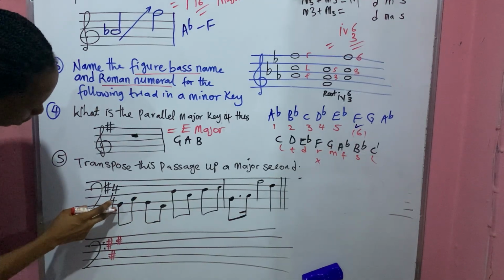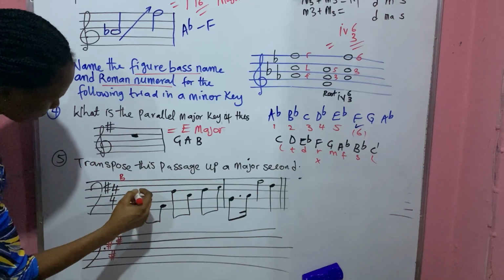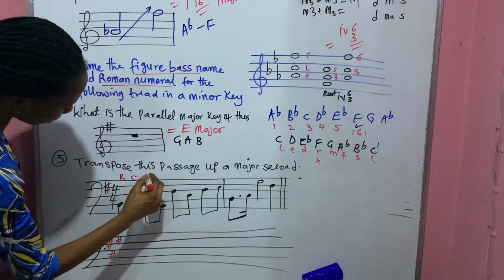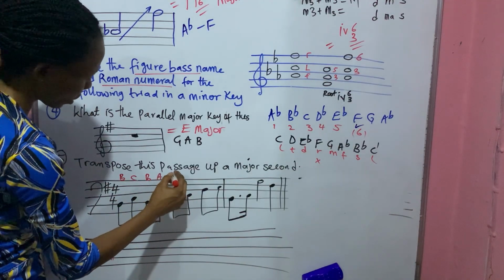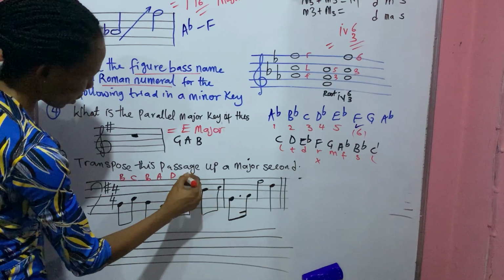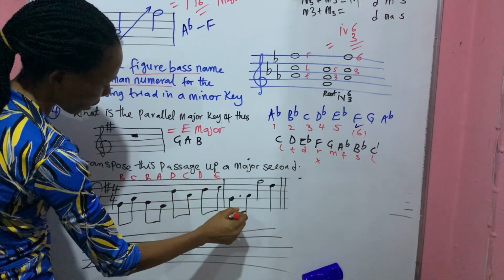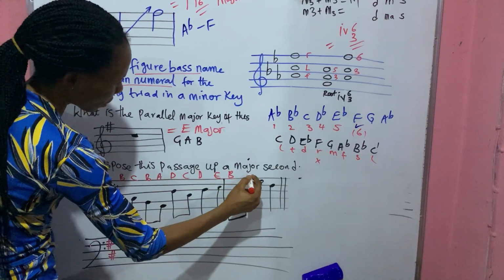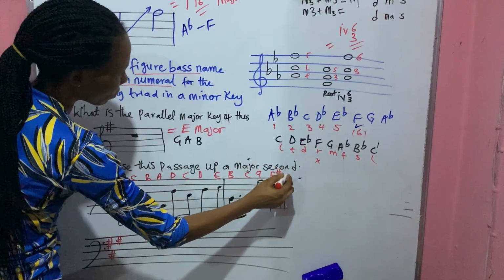This is B. We have here C. We have here B, A. We have here D. We have here C. We have here D. We have here E. We have here B. We have here C. We have here G. And we have here F sharp.